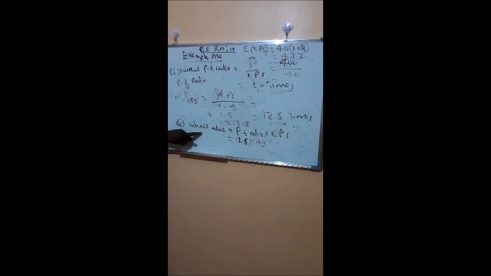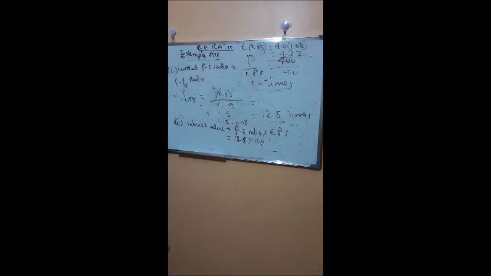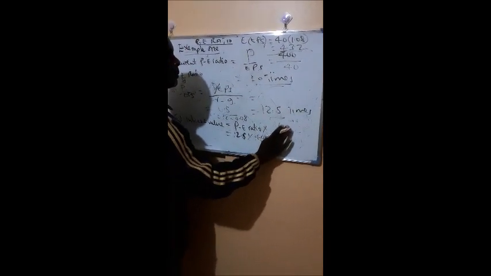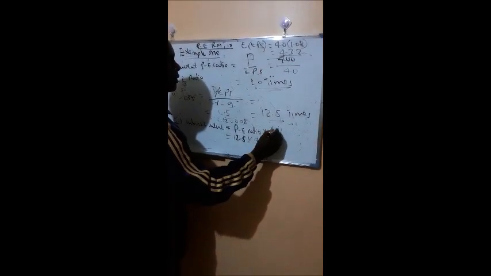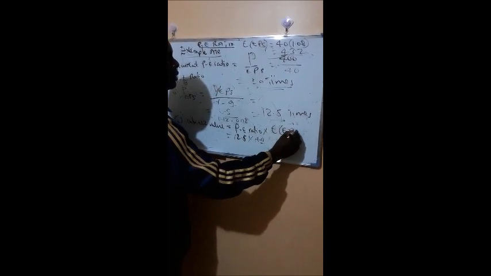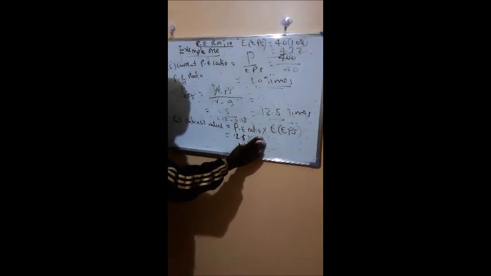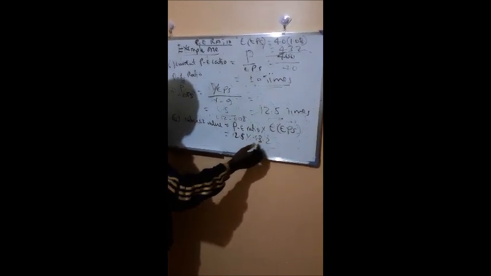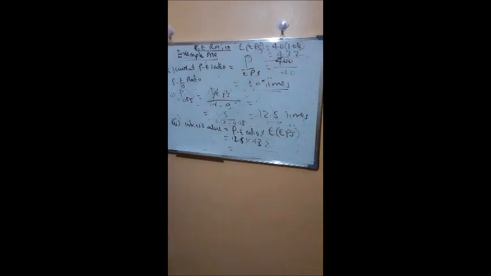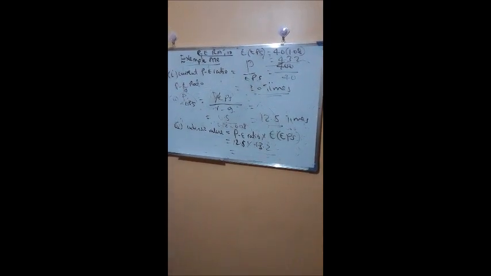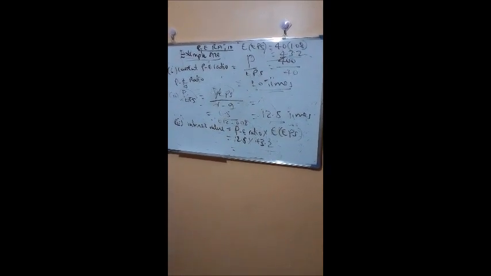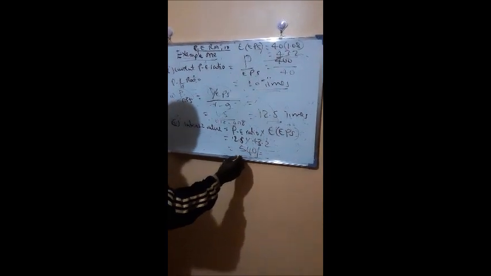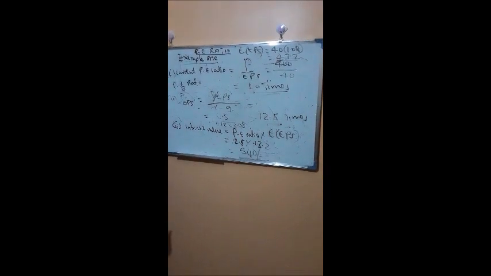So the intrinsic value is equal to PE ratio multiplied by expected EPS. Expected EPS, so here it will be 43.2. So if you multiply, you will get the intrinsic value equal to 540.